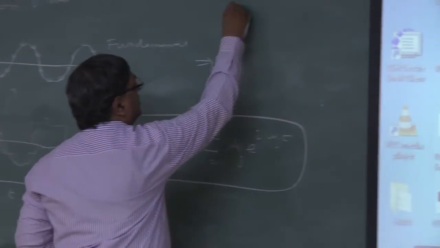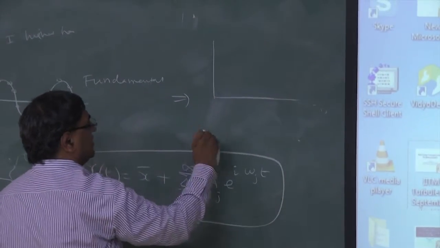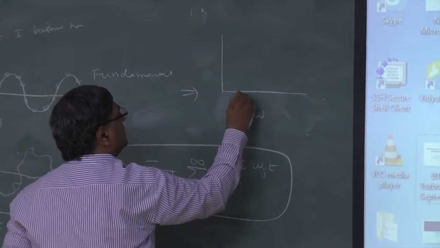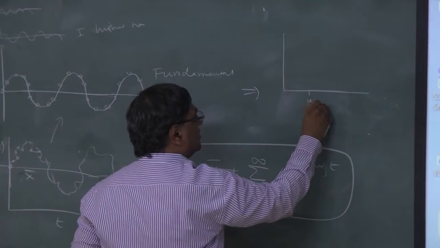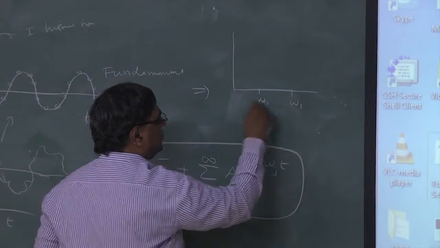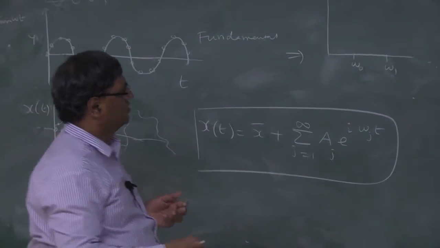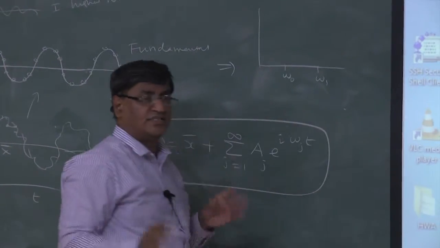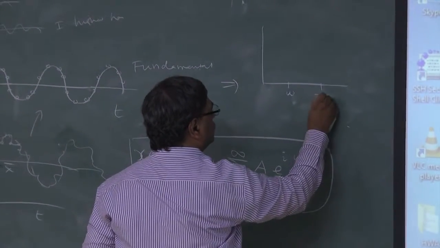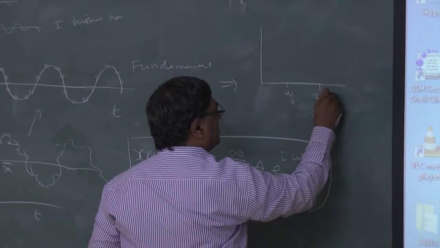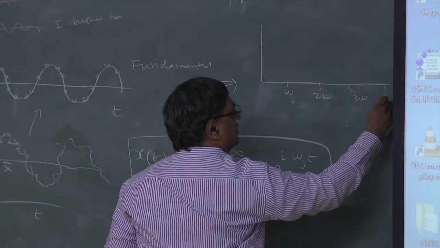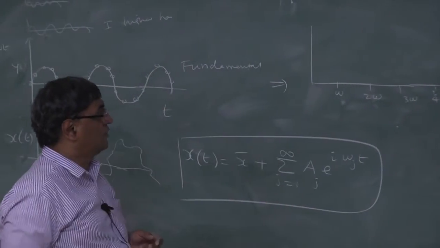That could be represented in the frequency plot as omega, and then for example omega naught, omega 1 or whatever. Whether you start from 0 or 1, etc., it's a matter of choice. I wrote omega naught as the fundamental one, or even omega, 2 omega, that's better: omega, 2 omega, 3 omega, 4 omega, and so on, where omega is the fundamental mode.